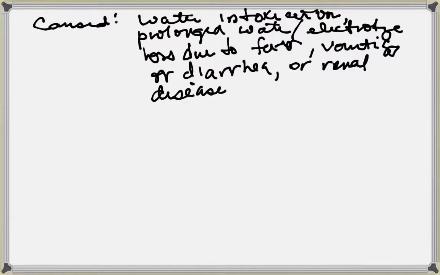Now, essentially, before, we had a syndrome, Cushing syndrome, that helped to increase the concentration of sodium in the body. Well, here there's something called Addison's disease.